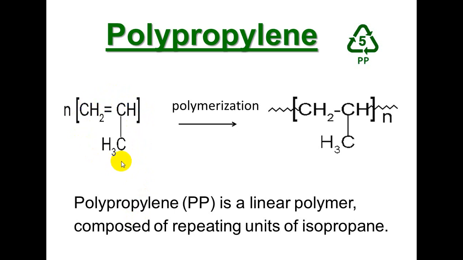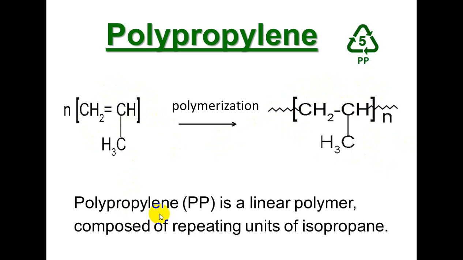This is propylene, and this is the polymerization process, how the polymer is made. One bond of the double bond breaks and is free to connect with another propylene molecule. So this becomes polypropylene, and this one is propylene.